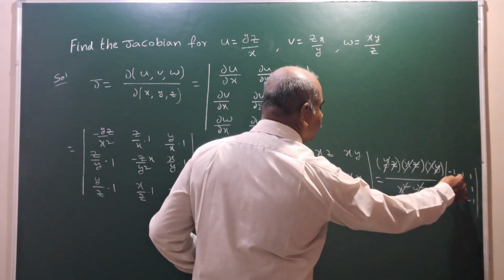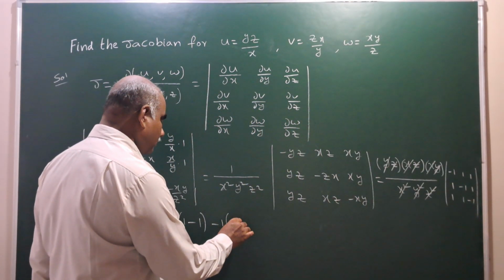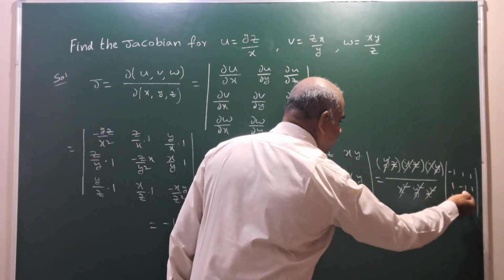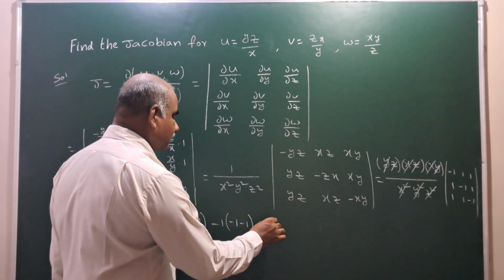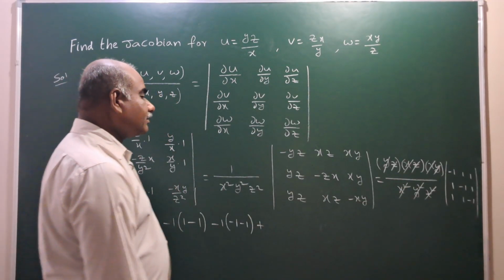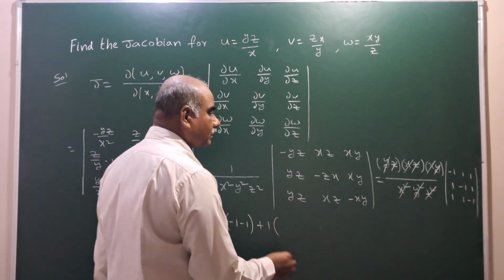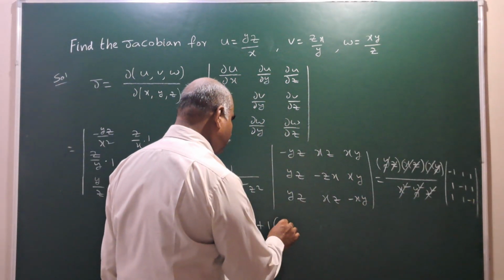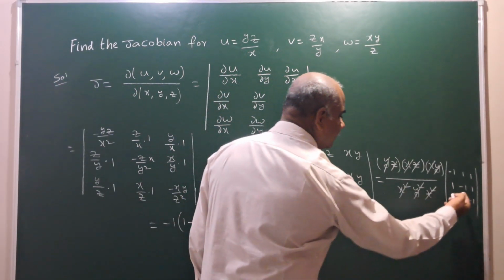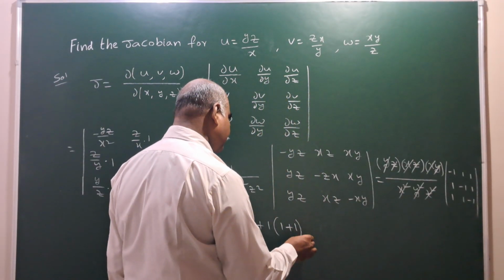Minus 1 into, multiply these two elements: 1 into minus 1, minus 1, minus, multiply these two elements, 1 into 1, 1. Plus, okay. Third element in the first row, 1 into, multiply these two elements: 1 into 1, 1, formula minus, minus 1 into 1, minus 1. So minus minus plus 1, okay.